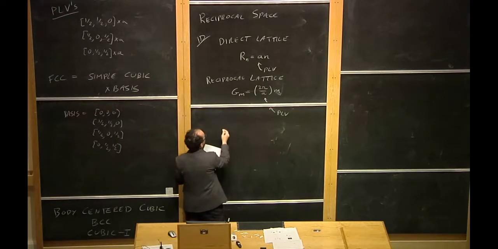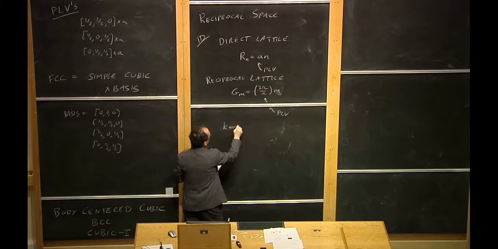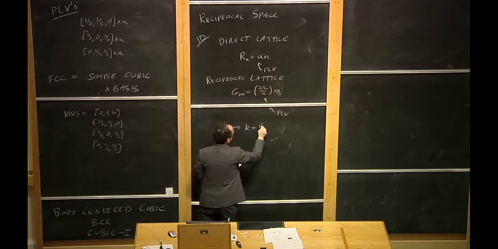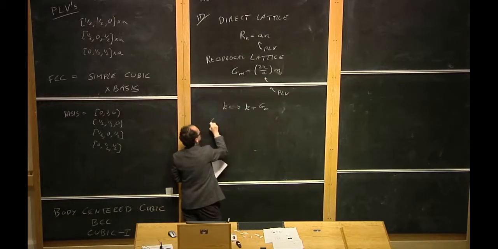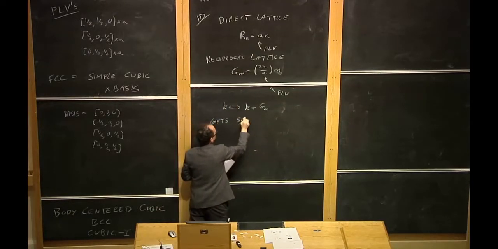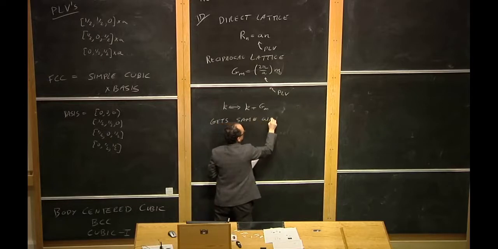Now, why was it that we chose this to be the reciprocal lattice? Well, we chose it because if you take k to k plus any element g_m in the reciprocal lattice, we get back the same wave. And why is that?